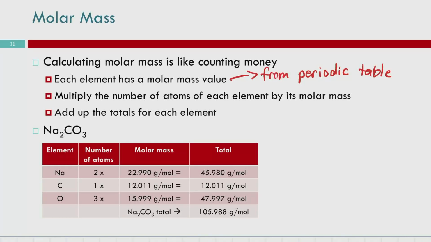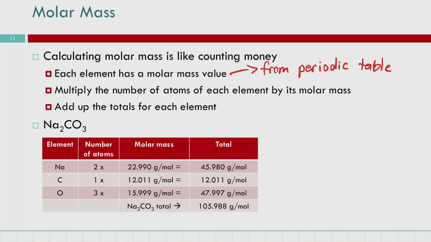So for sodium carbonate, Na2CO3, we've got three different elements. We've got sodium, and we have two of those. We've got carbon, we've only got one of those, and we also have three oxygens. We find the molar masses, or have them memorized, probably from repetition.